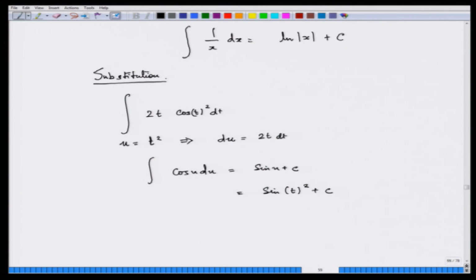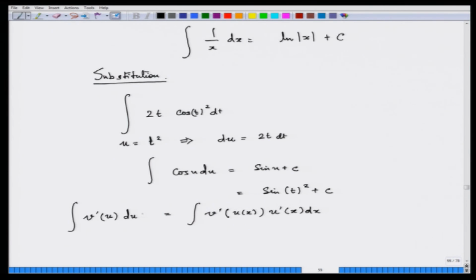Basically, suppose you have the integral of v dash, where v is a function of u, dv, sorry, v dash of u du, but you are integrating in terms of u. So v is a function of u and you are taking its derivative. That can be written as v dash u of x into u dash x dx. Basically you are replacing u with some function of x, u of x, so du dx is equal to u dash x.